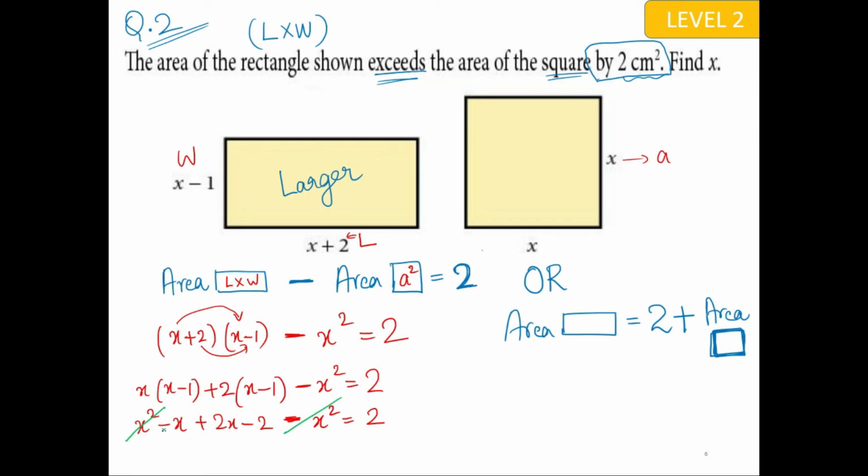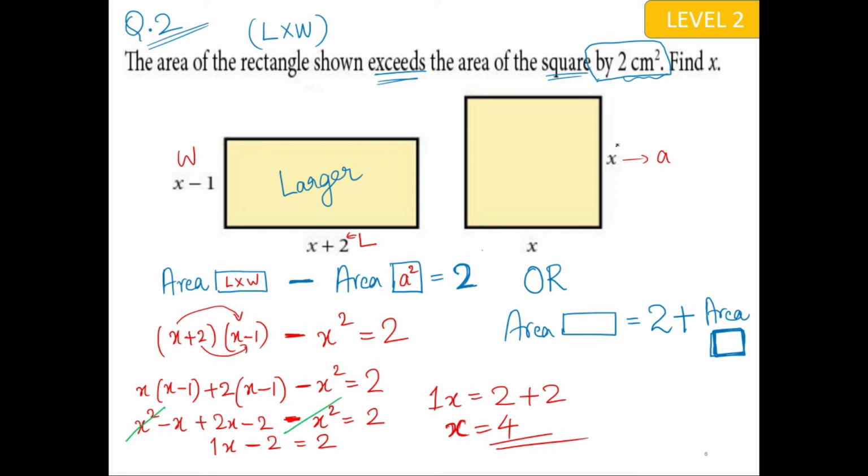The remaining is negative x plus 2x, which is x. So x minus 2 equals 2. Shifting the negative 2 to the other side, I have x equals 2 plus 2, so x is equal to 4.